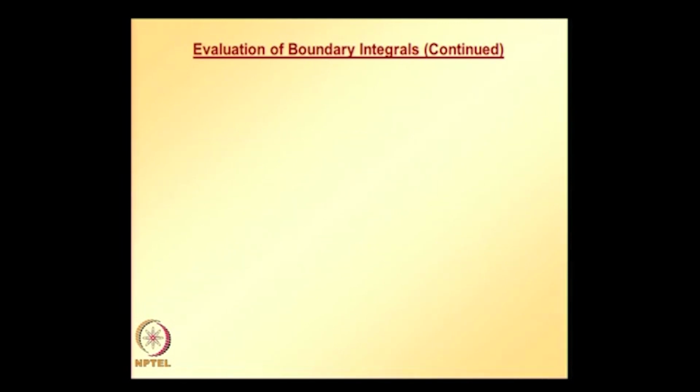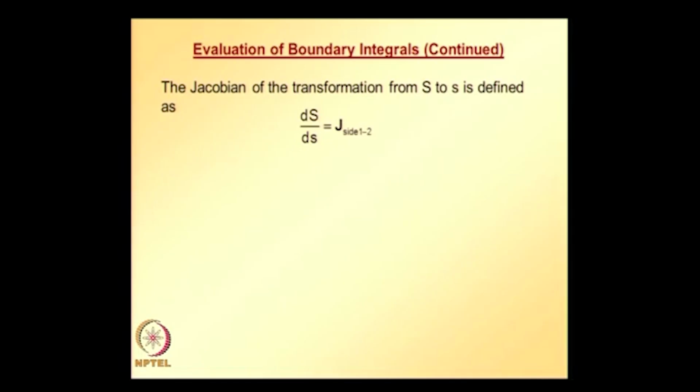So, the Jacobian of transformation from capital S to small s is defined as d capital S divided by d small s. That is what Jacobian J side 1 2 is.